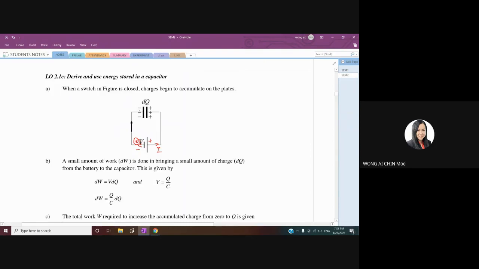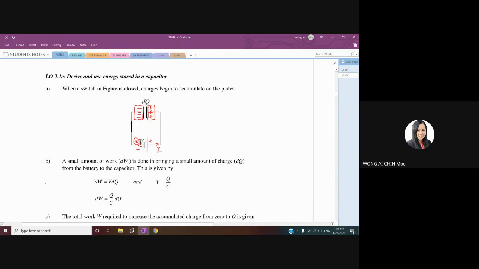So on your left hand side, this one will become the negative plate. And your right hand side, because the current or positive charge will flow, will become the positive plate. So when you do the experiment, you must make sure that the negative connects with the negative of the capacitor, and positive with the positive. A small amount of work is done in bringing a small amount of charge from the battery to the capacitor.